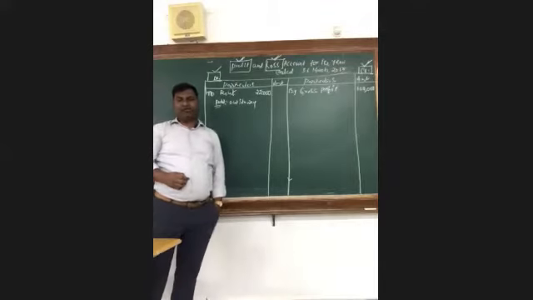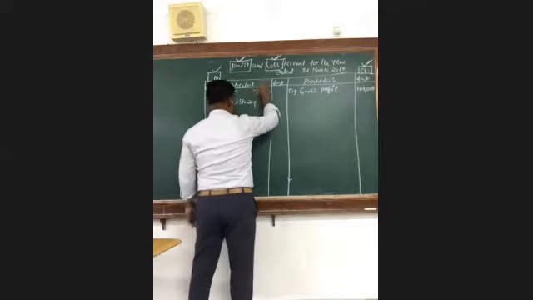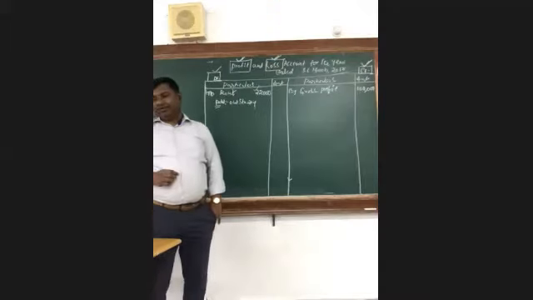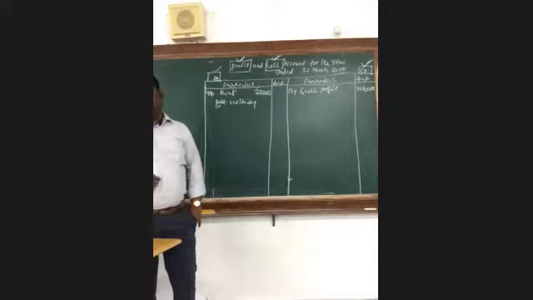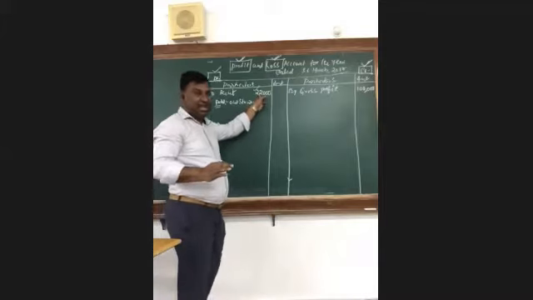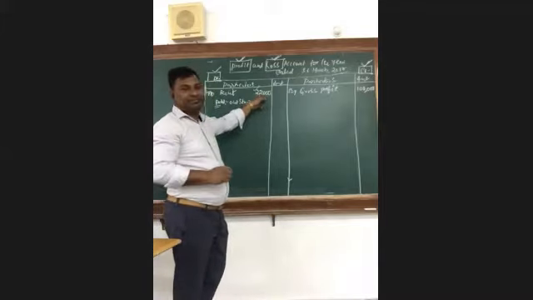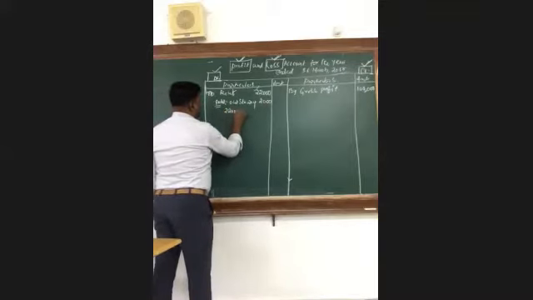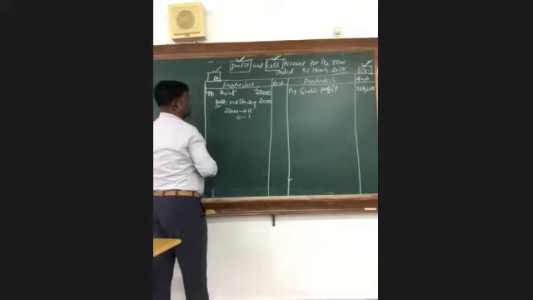How do you calculate outstanding rent? If 22,000 is for 11 months, how much is for 1 month? 2,000.